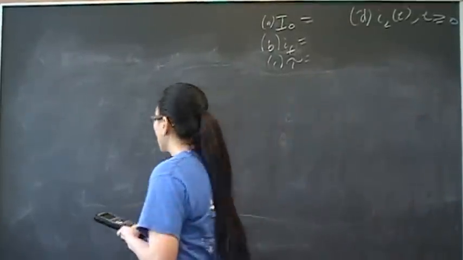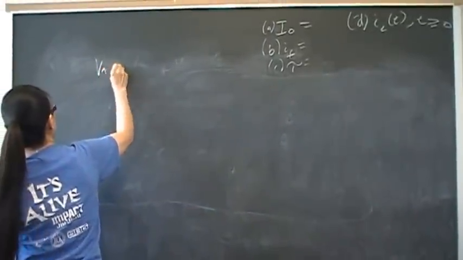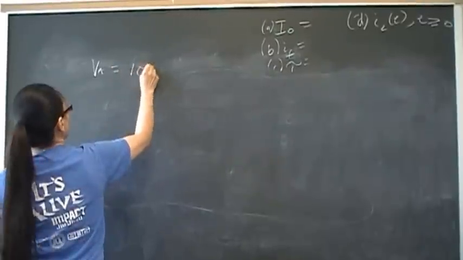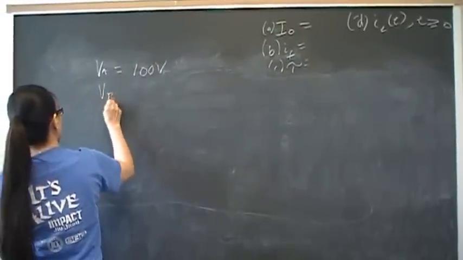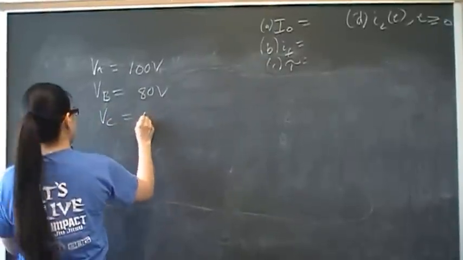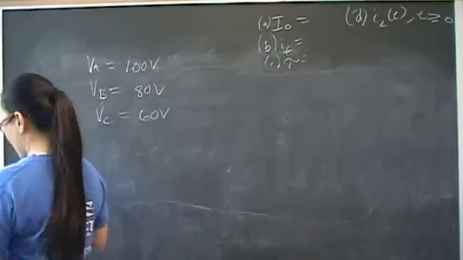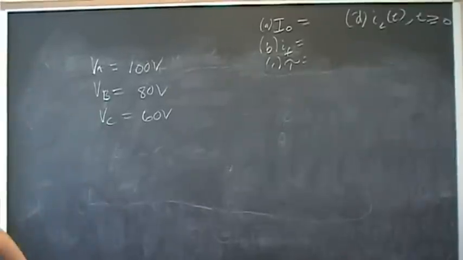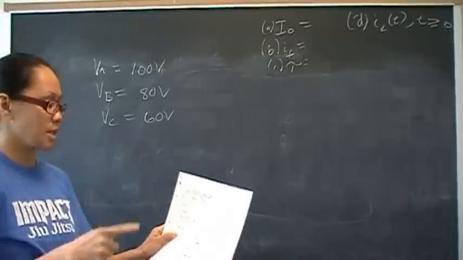Okay, so what we come up with is VA is equal to 100 volts, and VB is equal to 80 volts, and then VC is 60 volts. Now, go back to your schematic right here.